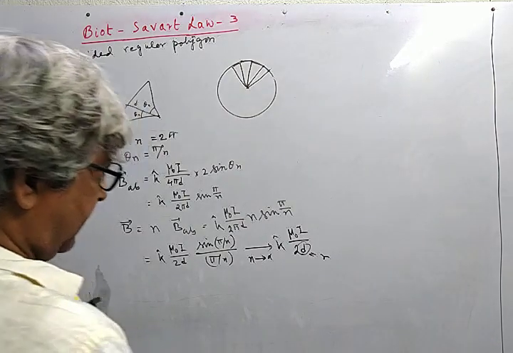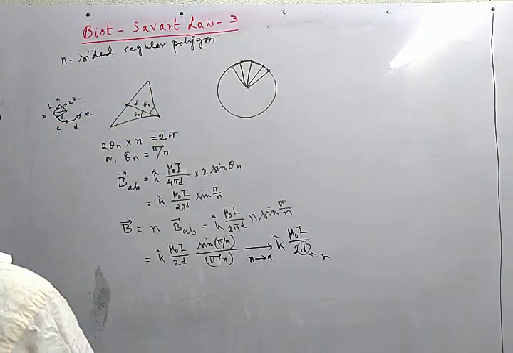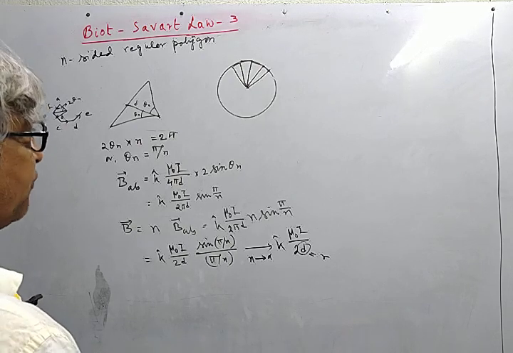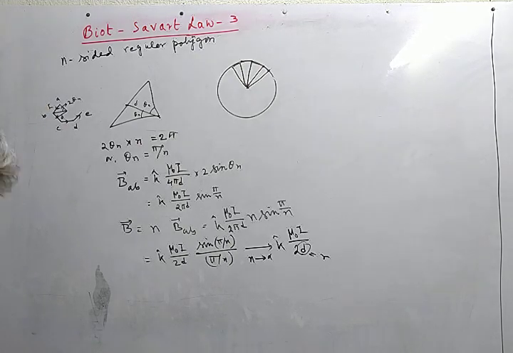Now we should consider another case where we want to find out the field at an axial point due to a square loop.